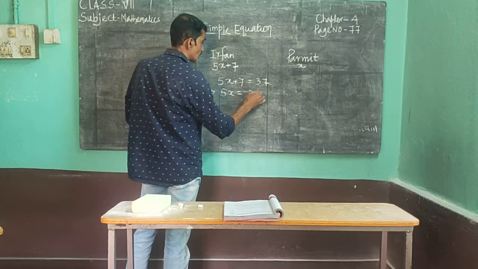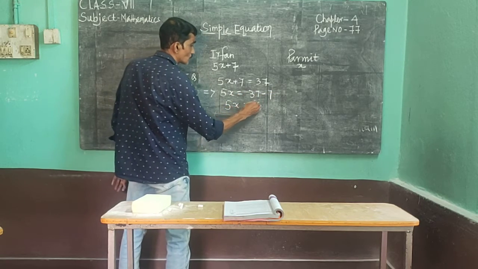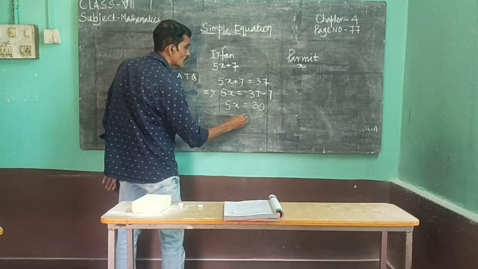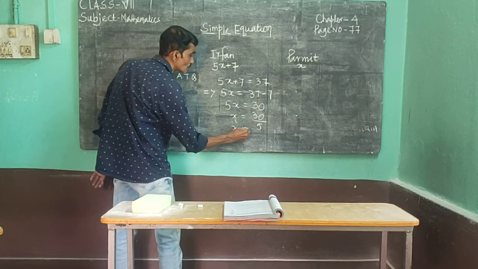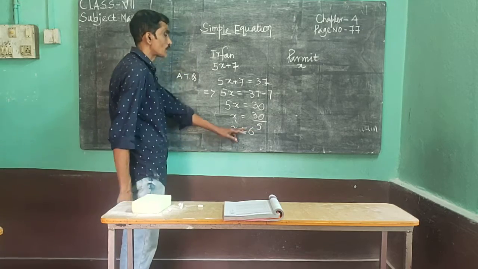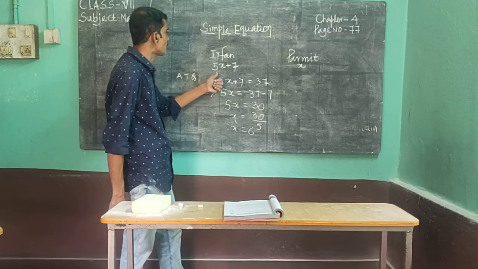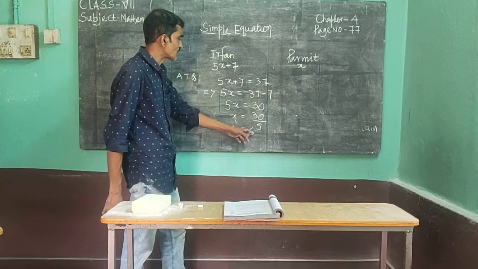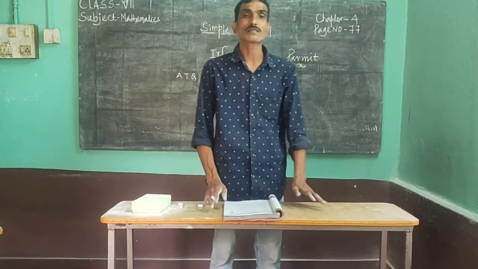5x equals 37 minus 7. 5x equals 30. x equals 30 upon 5. x equals 6. So the number of marbles Parmeet has is 6. Then how much does Irfan have? 5 times 6 is 30, plus 7 is 37. Yes, my answer is correct.